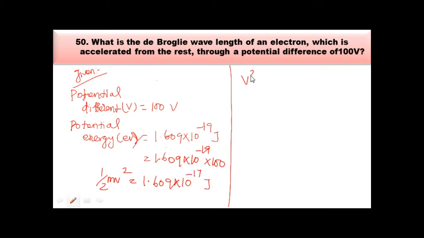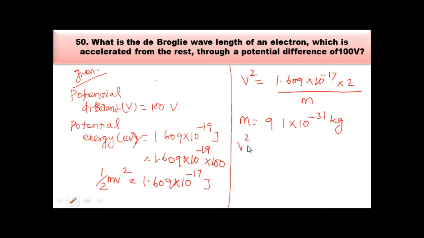So what is v squared equal to? 1.609 into 10 power minus 17 multiplied with 2 divided by m. Already we know what is the m. M is the mass of the electron. Mass of electron is 9.1 into 10 power minus 31 kilogram.